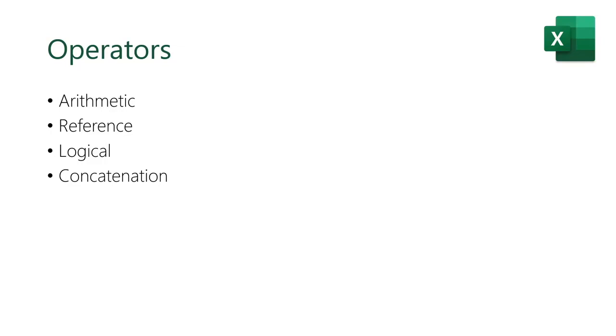These are logical, or comparison, operators. And then finally, there's a single concatenation operator. Concatenation means joining of two things. Concatenation we'll cover on Monday. Logical we'll also cover on Monday, but we are going to cover mostly arithmetic today. While doing arithmetic, we will also end up covering reference operators today.